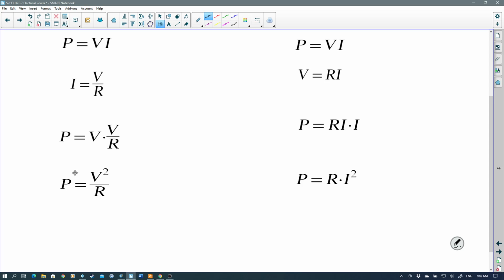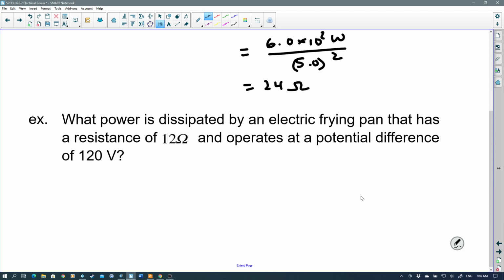Power, resistance, and volts is P is equal to V squared over R. And in this case, we're just looking for the power. I'm actually going to let you do this one. You're just basically plugging in the numbers here. Should be pretty simple, okay? And I'm just showing you examples of the different types of questions you can now solve using these equations.